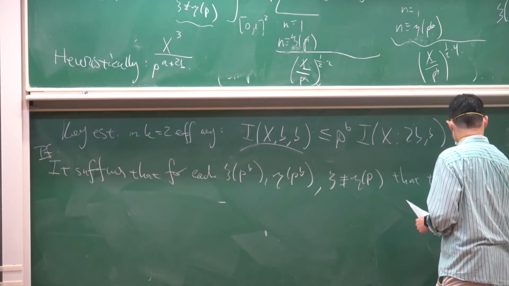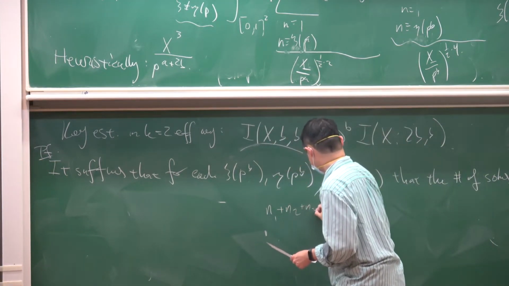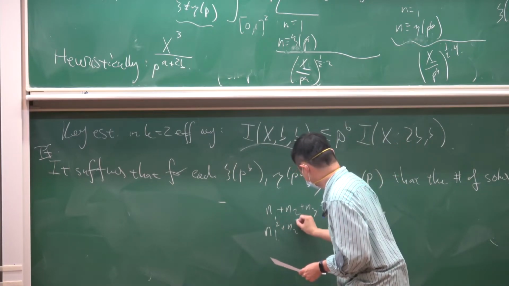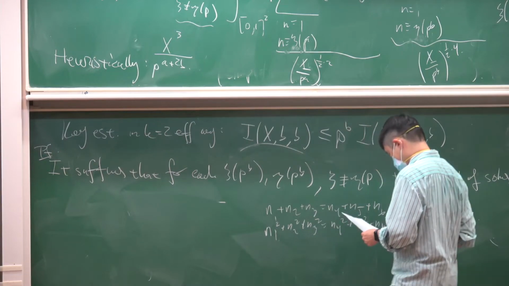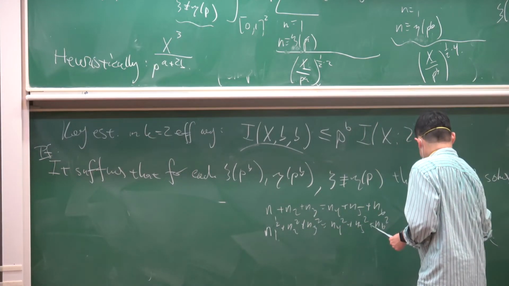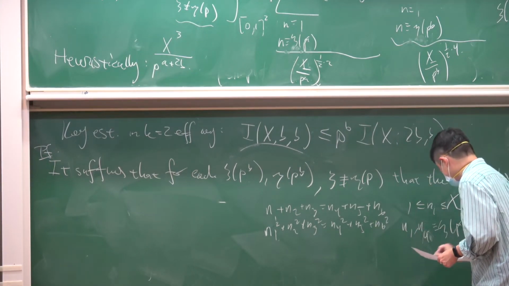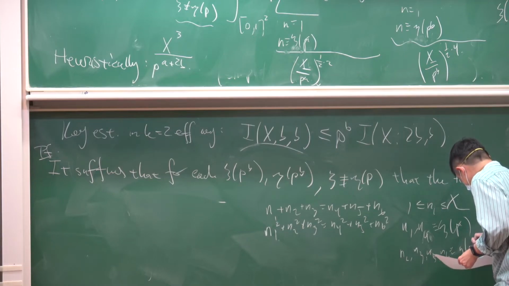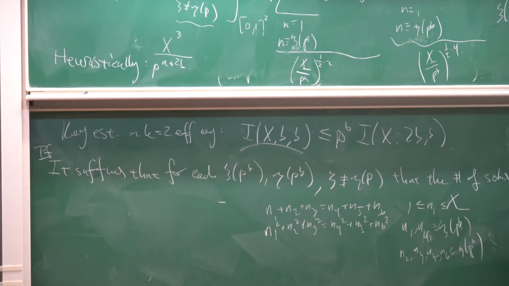the number of solutions to the system n1 plus n2 plus n3 equals n4 plus n5 plus n6 and the squares, and the variables lie between 1 and X, with the 1 and 4 variables congruent to C mod P to the B, and the 2, 3, 5, 6 variables congruent to A mod P to the B, sorry, both of them are mod P to the B. I just want to show that the number of solutions to this is bounded by P to the B times this guy.